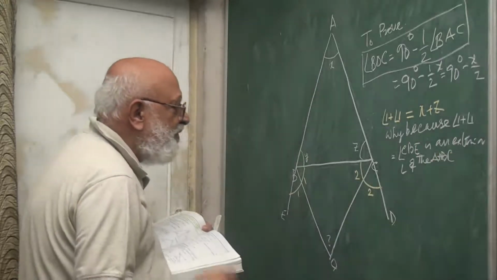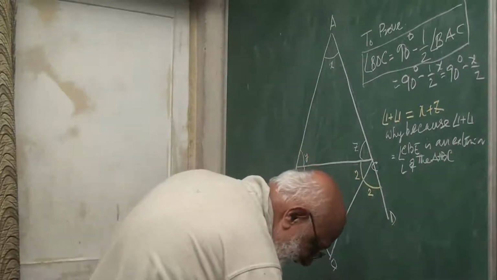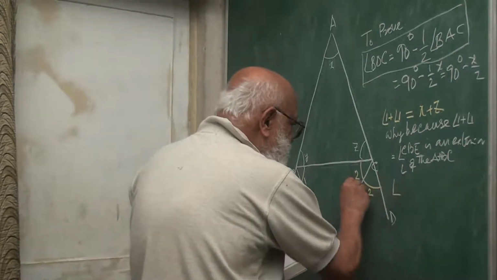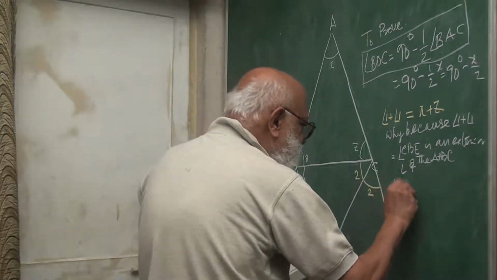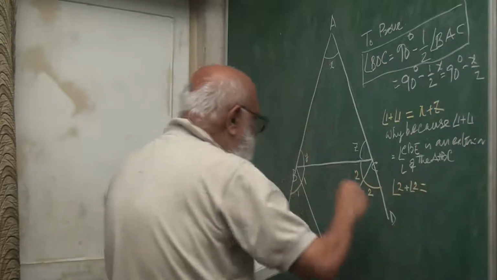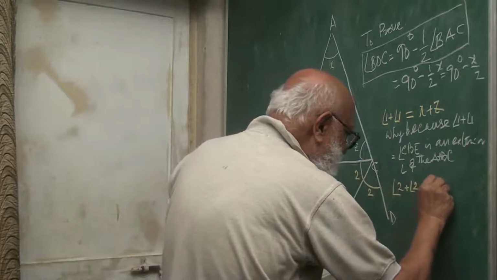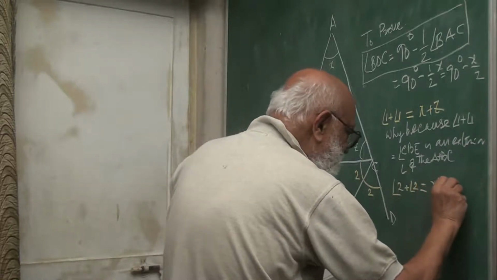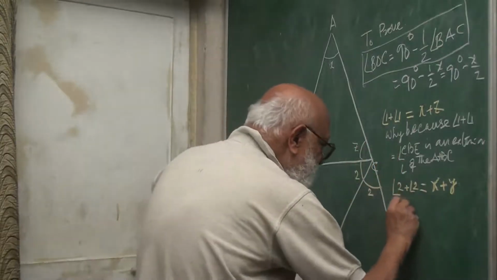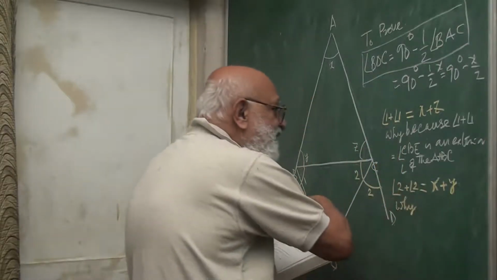Done? Similarly, let us try another. We try it on this side. This is 2 plus 2, which would be equal to Y plus X, or let us write X plus Y. Again the same reasoning. Why?